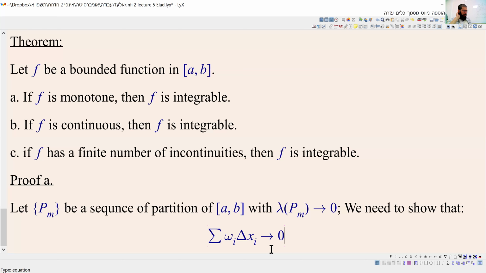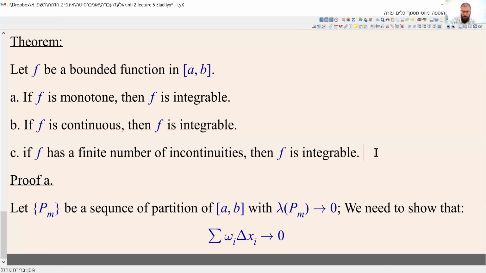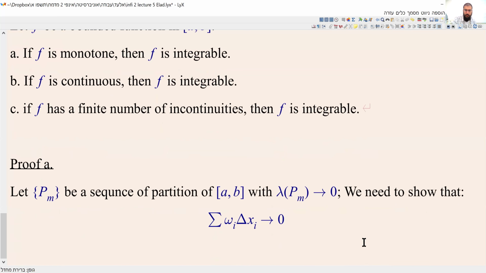So how do I do it? How do I use the fact that the function f is monotone? Let's space it out a bit. We could have said it last lecture, but now it's important, so I'll say it now.